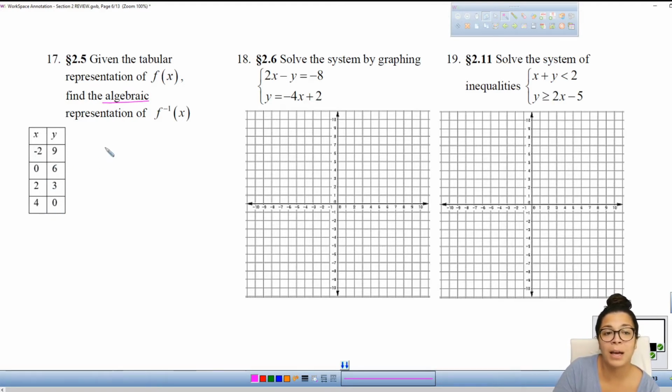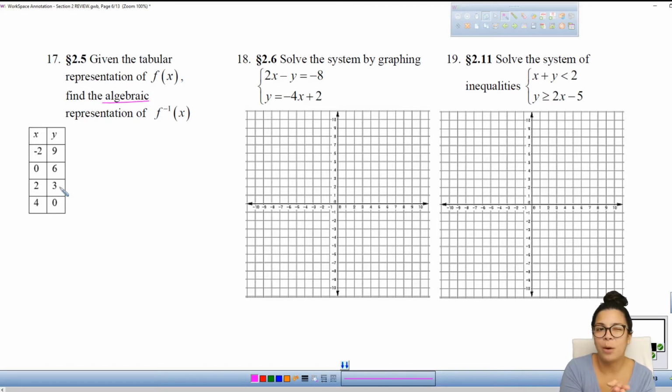However, even if I switch the table, right, if I switch the x and the y values, I will have the y-intercept of the inverse as well, because I have the x-intercept of the original function. So remember, the inverse is the flipped around version of the original function.